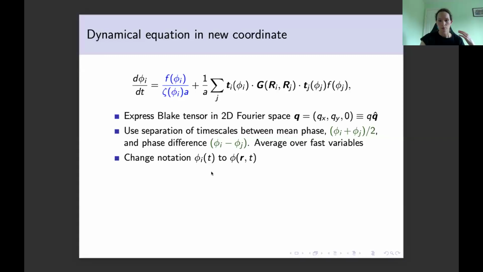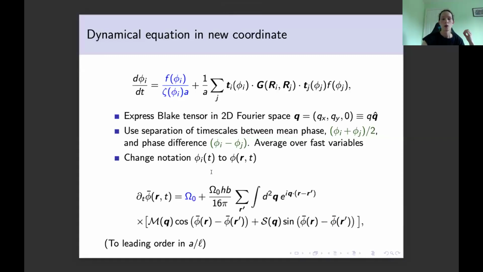When we do that, we can rewrite the dynamical equation in terms of the new coordinate. We've got the intrinsic velocity, and then we've got the effect of the hydrodynamic interactions, which is this big sum and integral. The integral is just because we're expressing the Green's function, the Blake tensor, in Fourier space, so that's why we've got this term here.